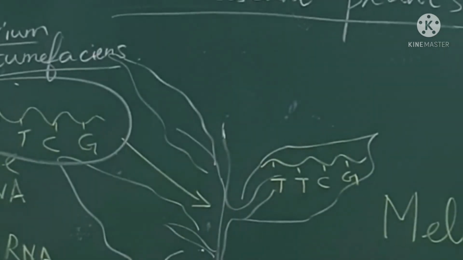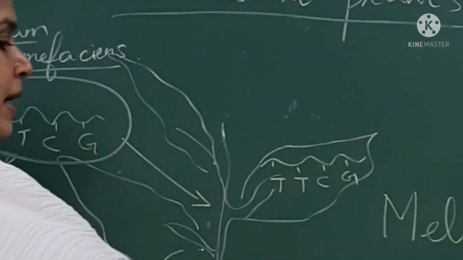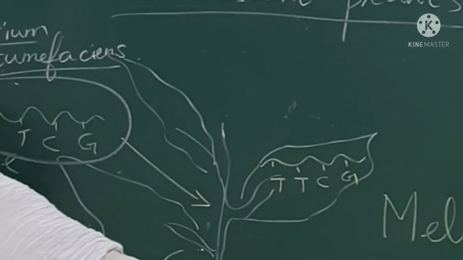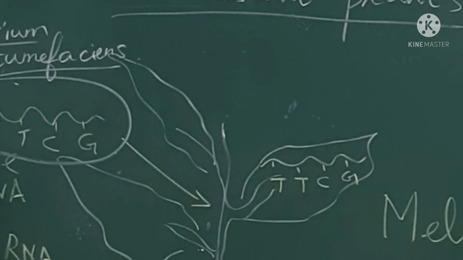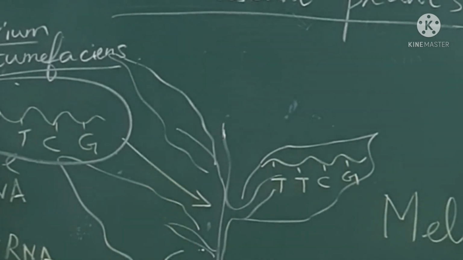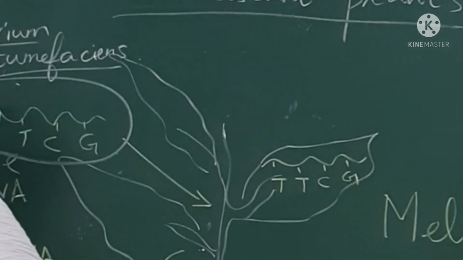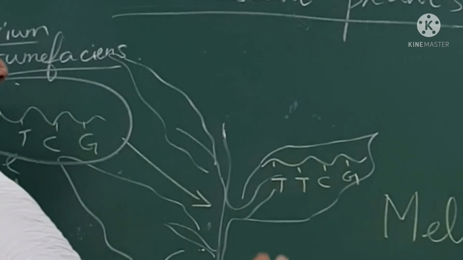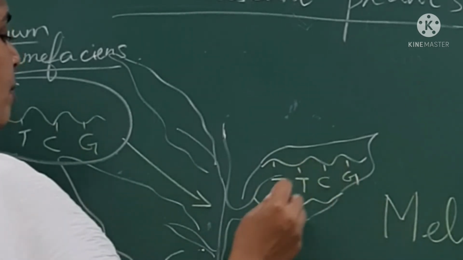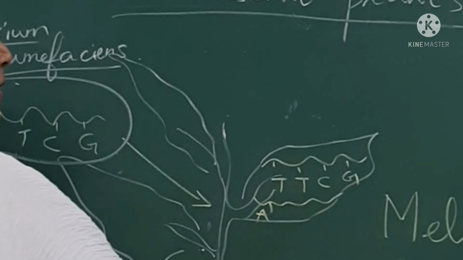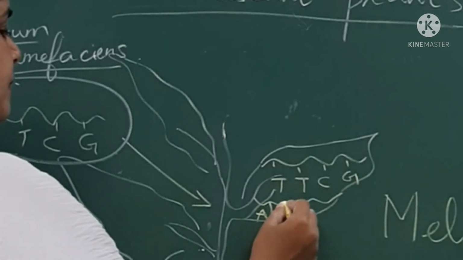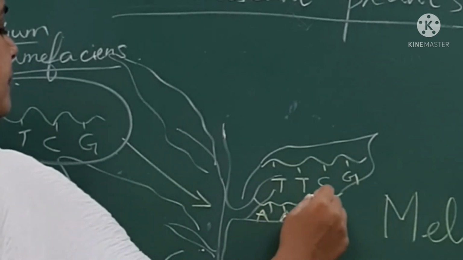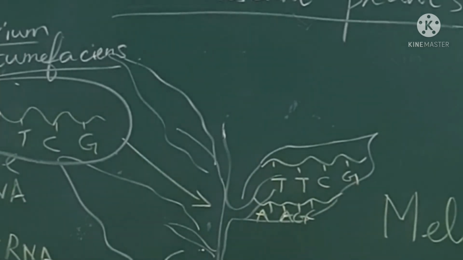When it entered the plant, it saw the mRNA of Meloidogyne incognita here in the roots. That was having the complementary base, this one, no? AAGC. So what will happen then?